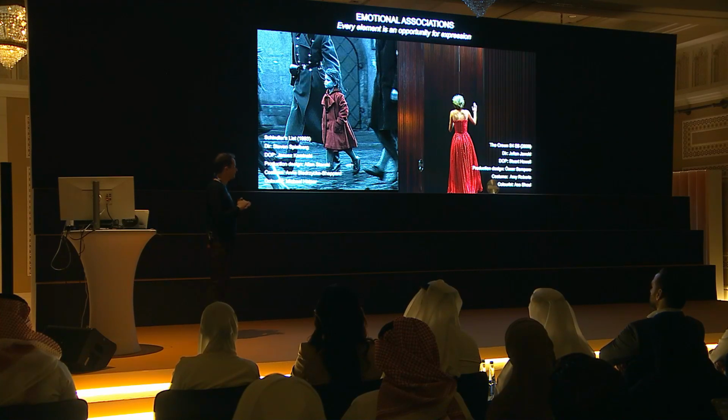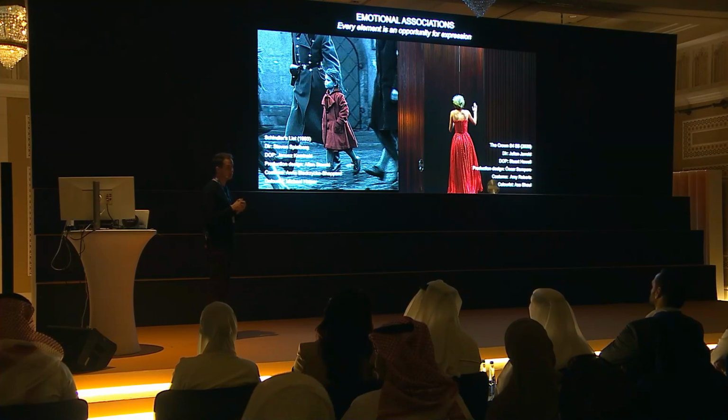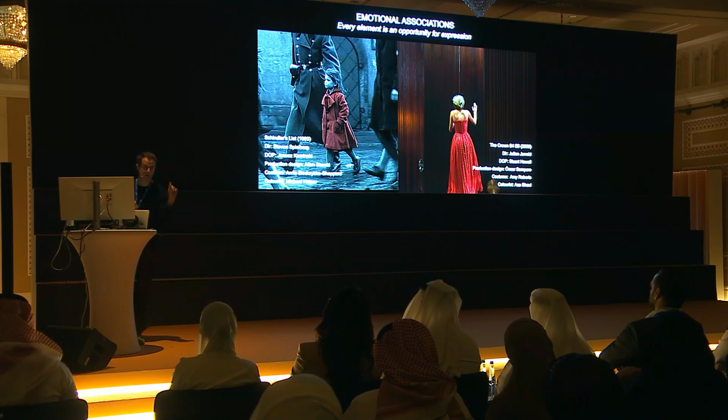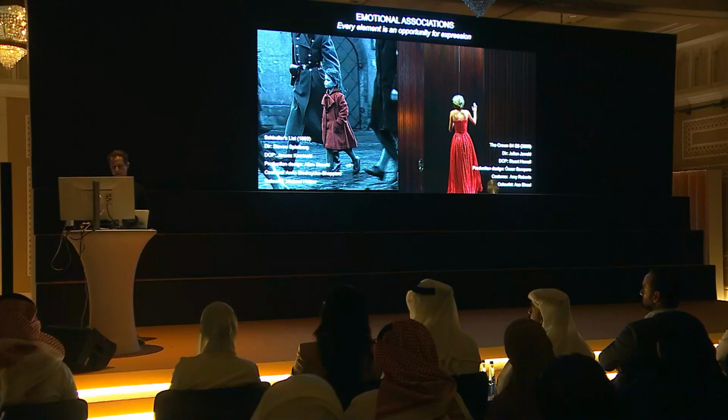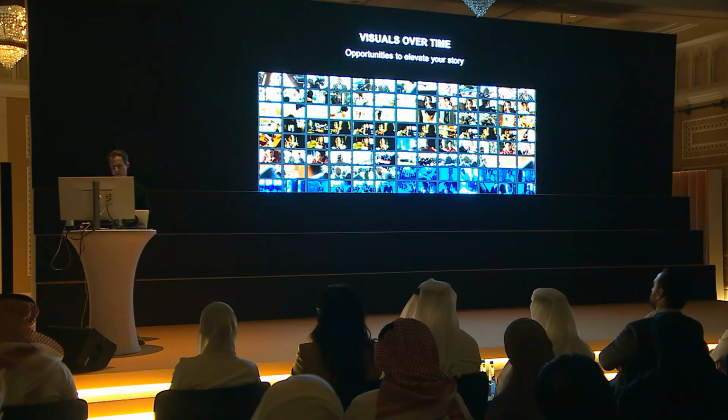Often, the DOP, or the cinematographer, is considered like the main author of the picture, but it's actually really a combination of the production designer, costume, and in the end it's the colorist who can control how red the red is, for example. Good. So I just wanted to make you aware of all of this.